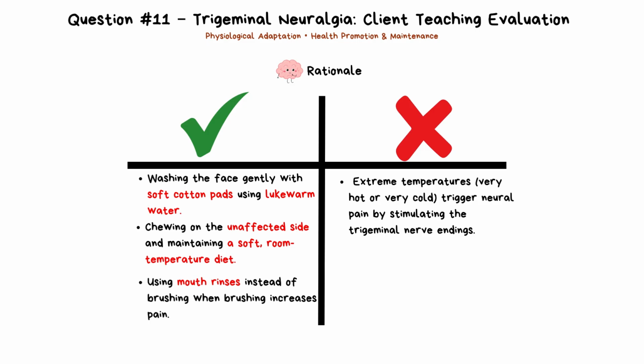These are classic pain triggers for this condition. The correct self-care measures are gentle and neutral: washing the face softly with lukewarm water, chewing on the unaffected side, and using mouth rinses instead of brushing when pain is severe. All of these reduce stimulation to the affected nerve and prevent flare-ups.